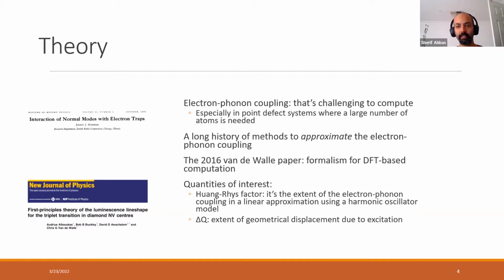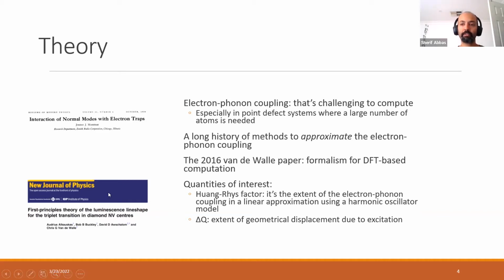Later, many decades later, the group of Chris van de Walle, in 2016, published a paper with a formalism to calculate the photoluminescence properties of materials that borrows from the formalism and developments before it, including this paper and many other papers.